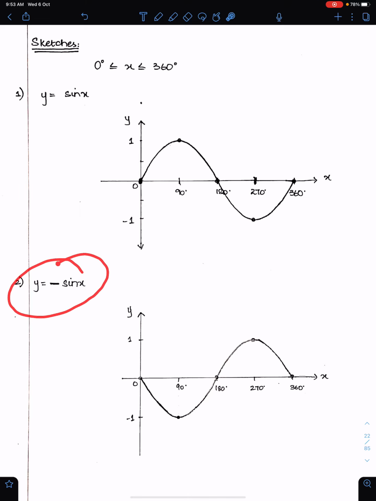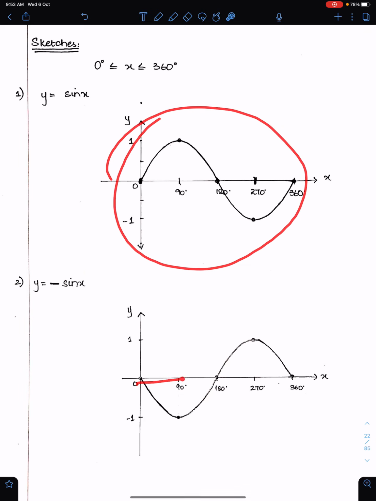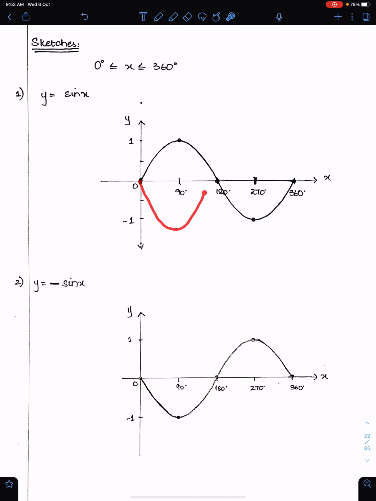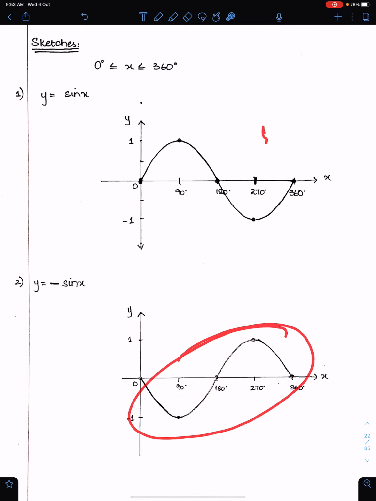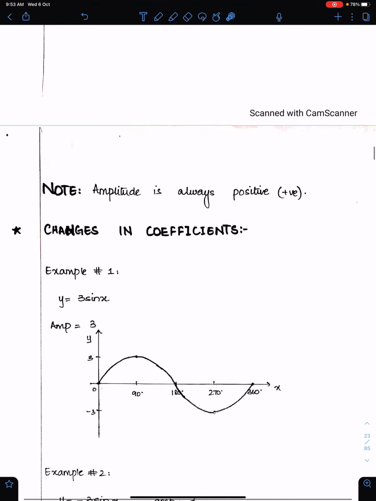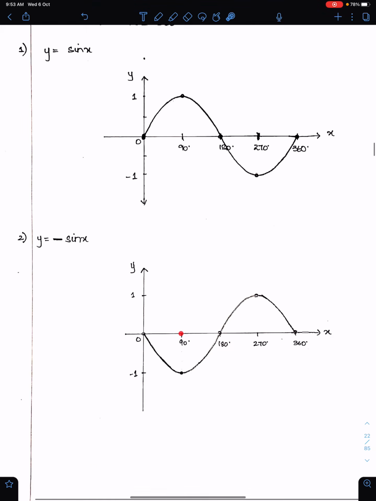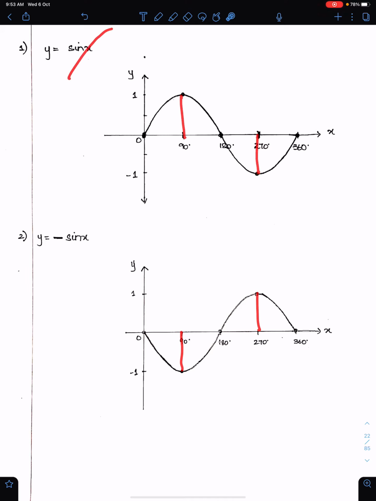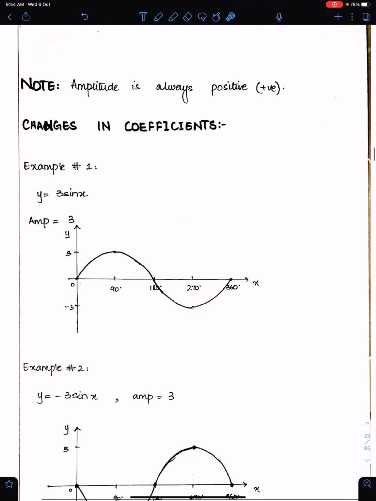So whenever we have a negative coefficient of sine, we just need to reflect the normal sine curve about the x-axis. So we'll get this curve. Amplitude is always positive. Remember, the amplitude of sine is 1 in both the functions, here and here, because amplitude is distance.